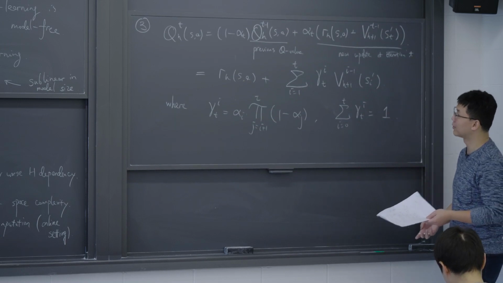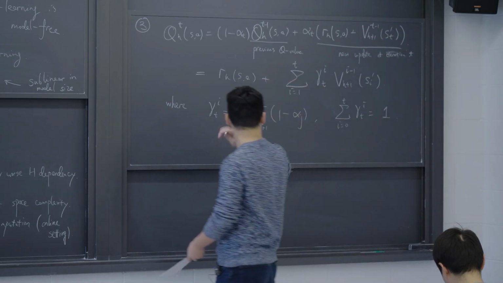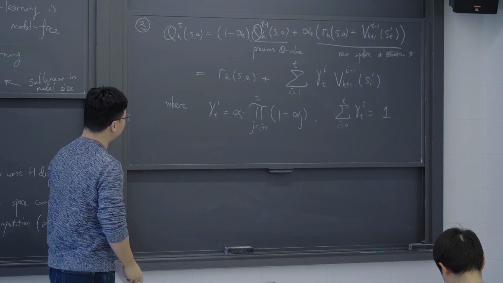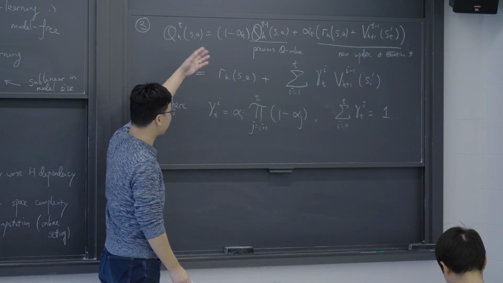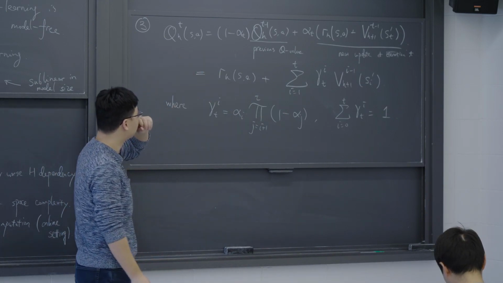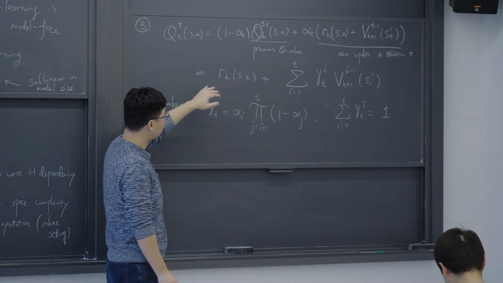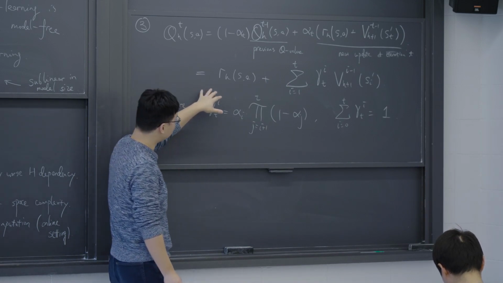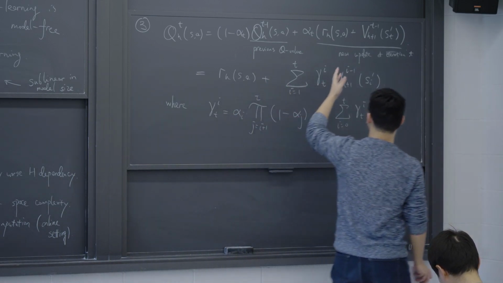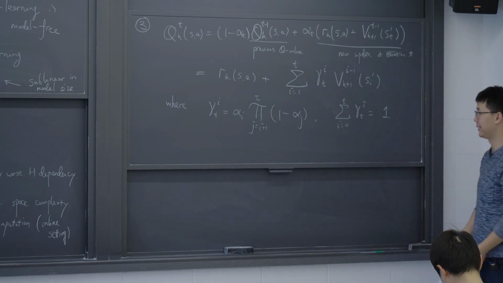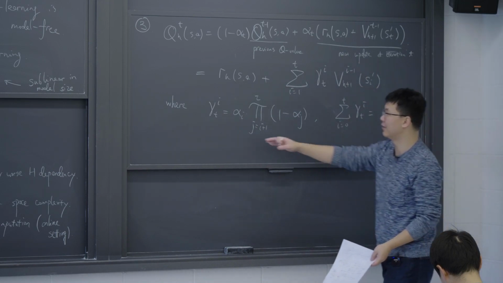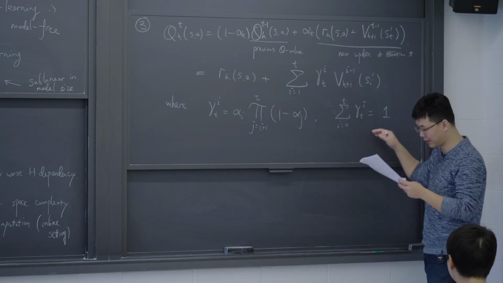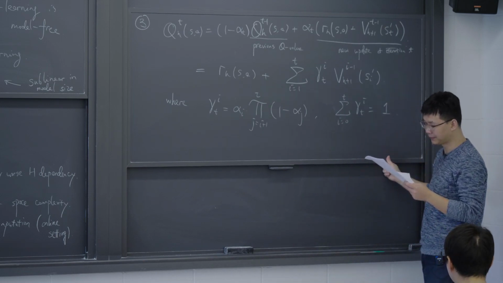So what I'm saying is, starting from this recursive equation, you can do some calculation by expanding out the previous Q value, and eventually you get this. It can be viewed as a weighted sum of all the updates, where the weights are calculated this way, and the weights sum to 1.